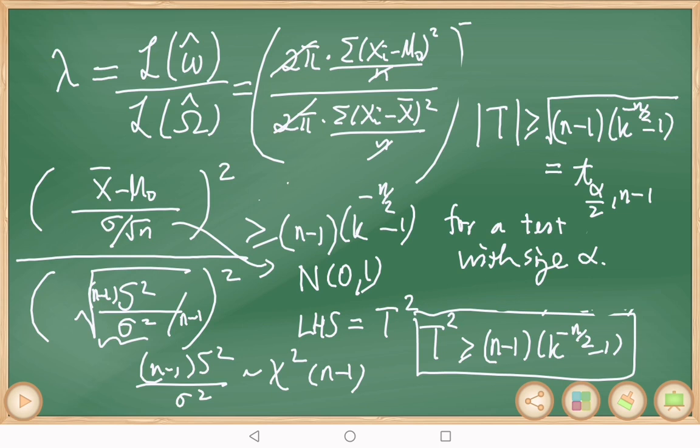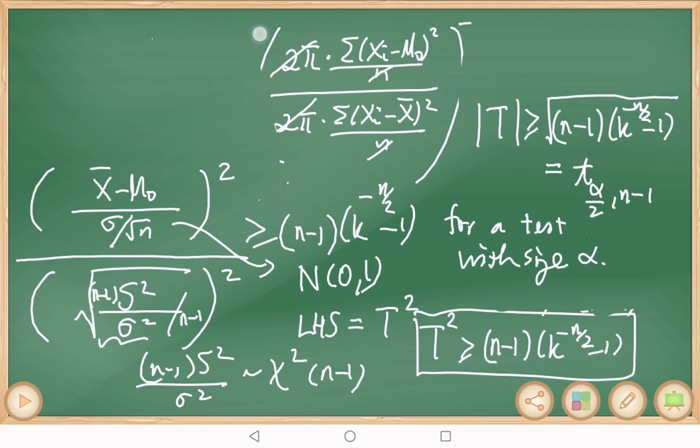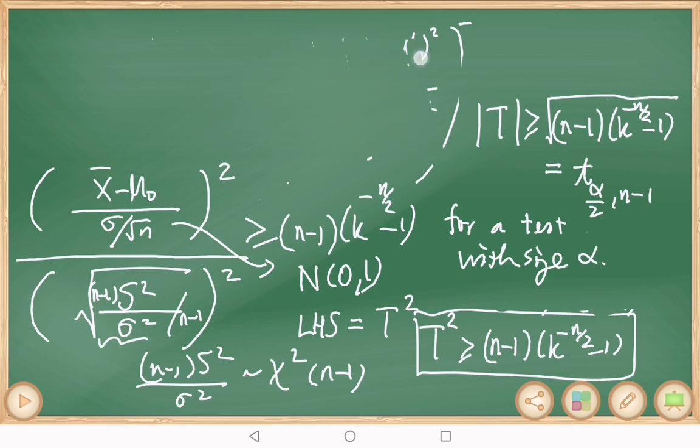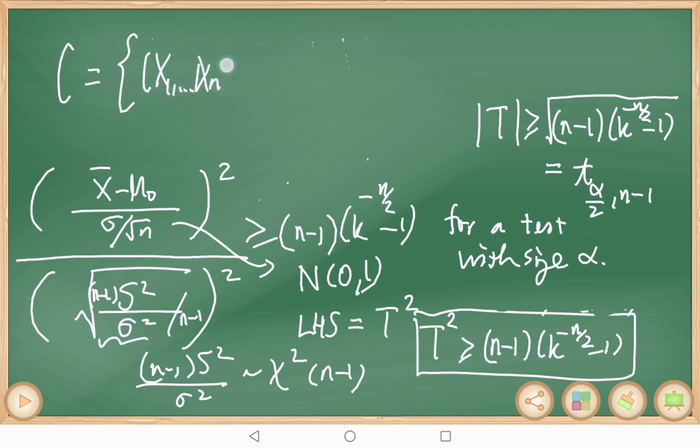Okay, so our best critical region in this likelihood ratio test would be given by the following region. So we would have the region C, whereby the values of x such that the t statistic is greater than or equals to this critical value.